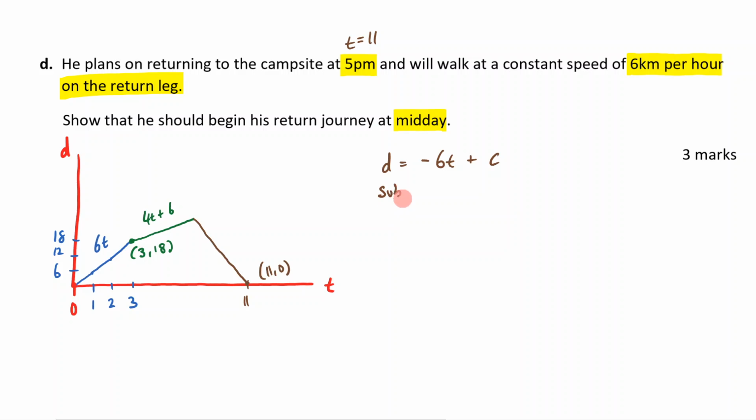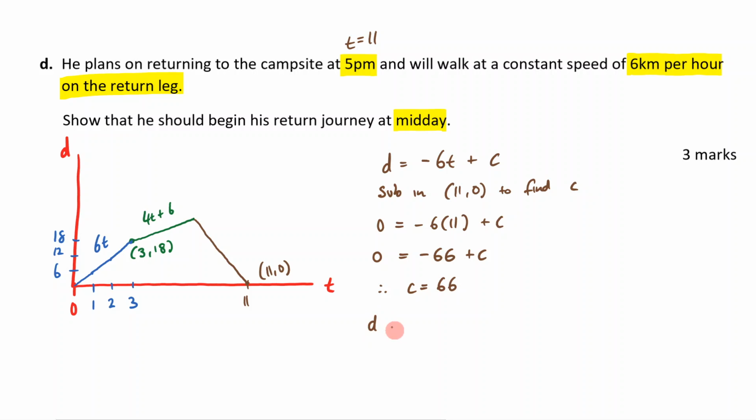So sub in (11, 0) to find c. I'm going to put 0 here and 11 in here. 0 is equal to negative 66 plus c. Therefore, c is equal to 66. So that means my equation is d is equal to negative 6t plus 66.